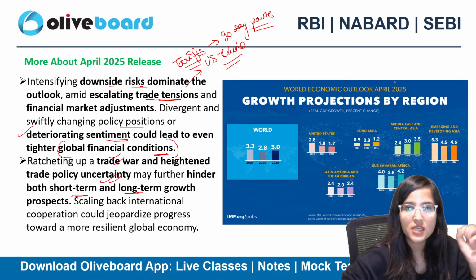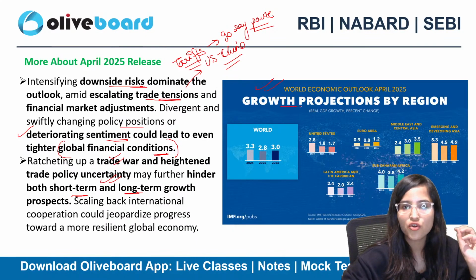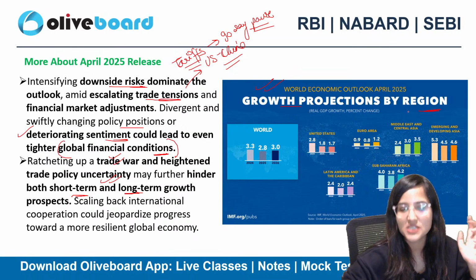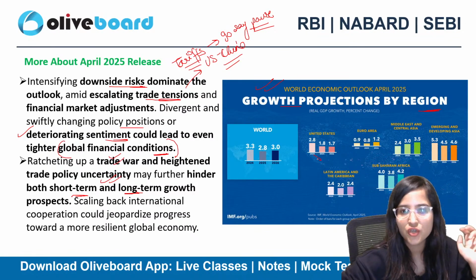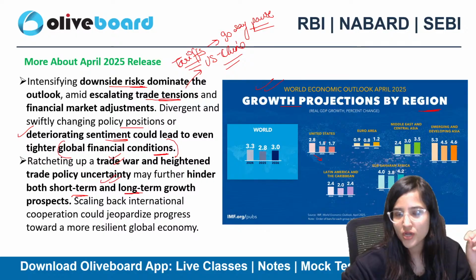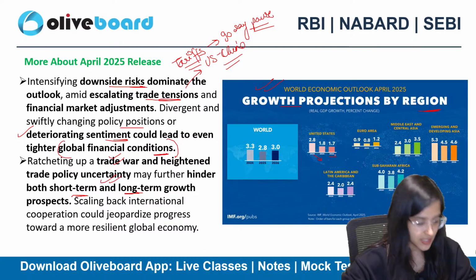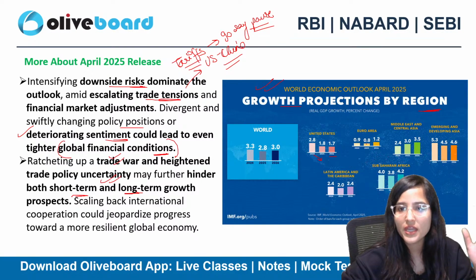ठीक है, now if you can see this picture over here, these are growth projections by region. We talk about the United States: for 2025, they have reduced it from 2.8 to 1.8, and to 1.7 for 26. For the Euro area, 0.9 to 1.2, they have shown a slight increase.